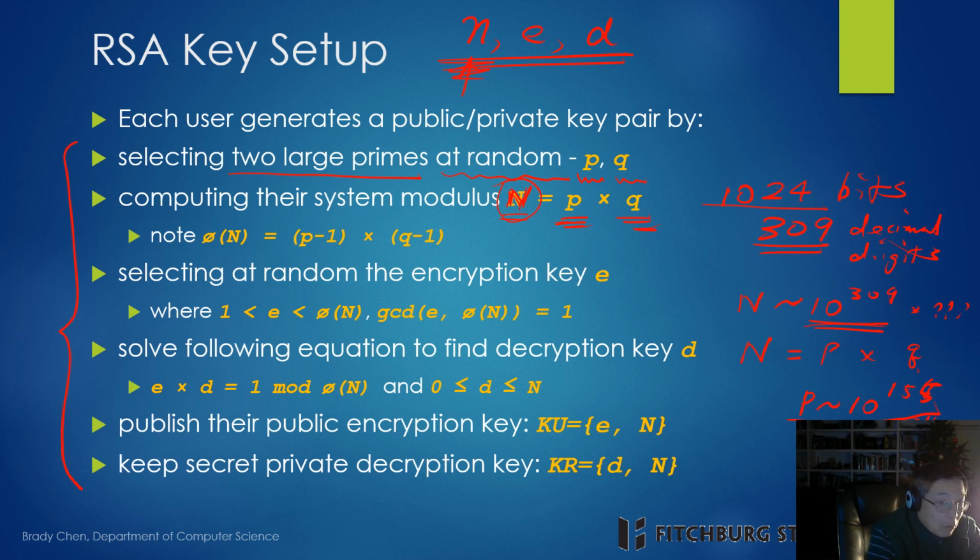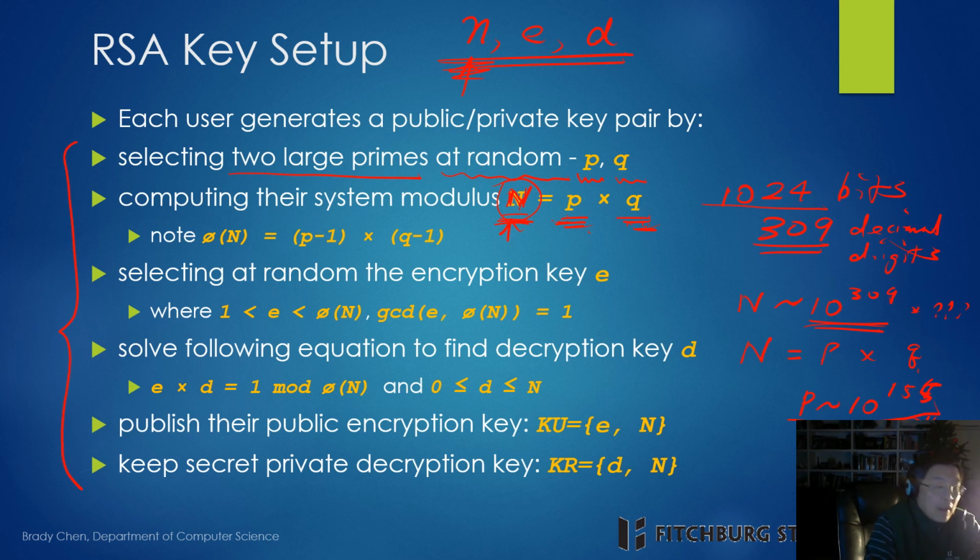In math, once we find two prime numbers, we can easily multiply these two numbers and get the number n, right? That part should be relatively easy. Not that easy, but compared with the other way, it should be relatively easy.